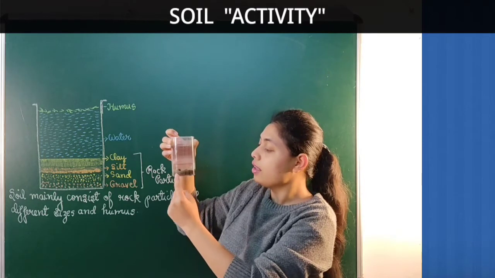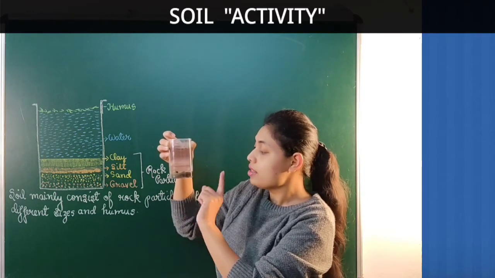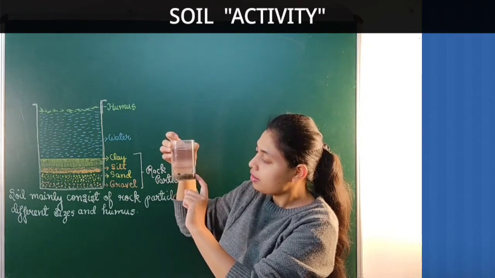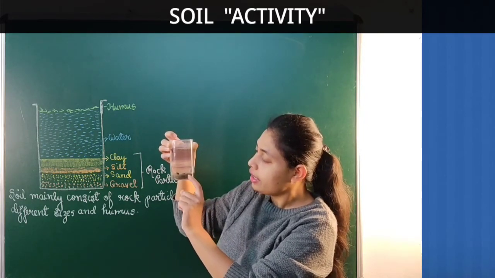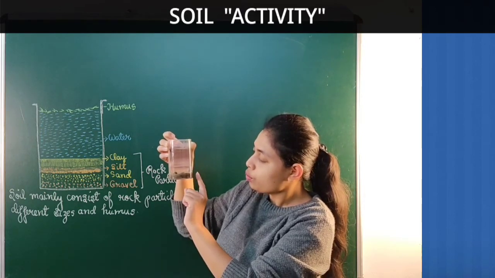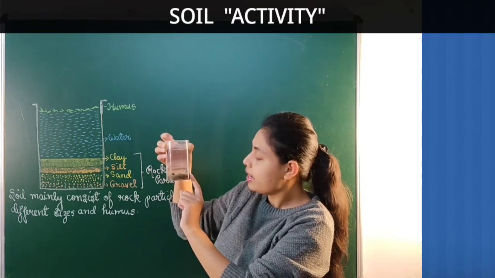Can you see this bottom better? This dark color soil contains gravel, sand and slate, whereas this fine colored layer present just above the silt, which looks very fine in particle size, is clay.